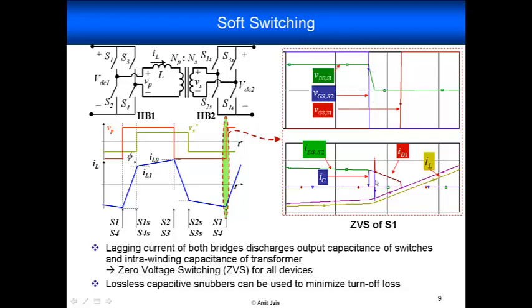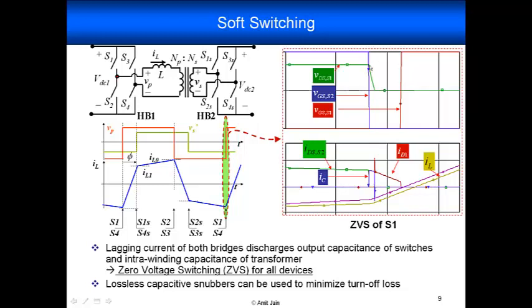As soon as we do that, the current which was flowing through S2 now starts flowing in any capacitor which is present at this node. So all of this current IDS S2 transfers to IC, which you see, this is the blue or purple waveform in the lower graph here.